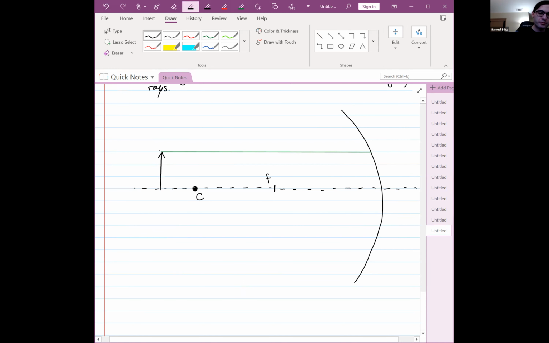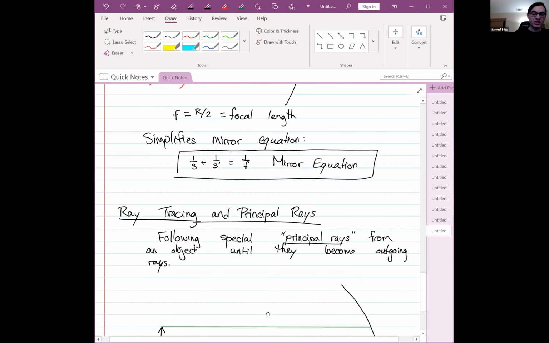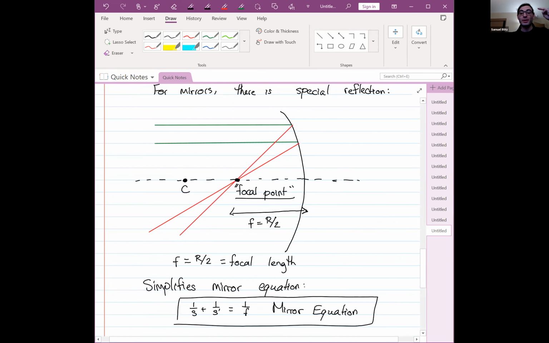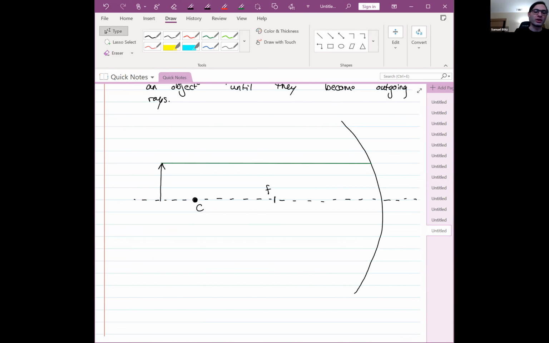There we go. And then we can use the reasoning that we just had. Rays coming in parallel pass through the focal point. That's how the focal point is defined. There we go. Good enough.